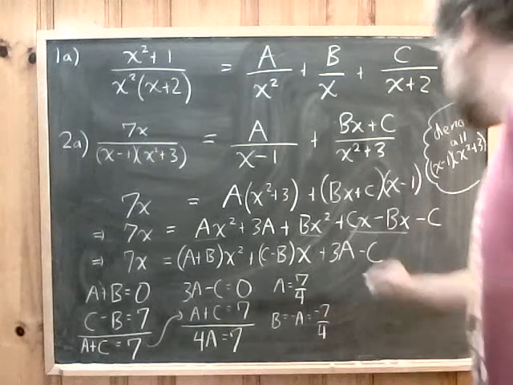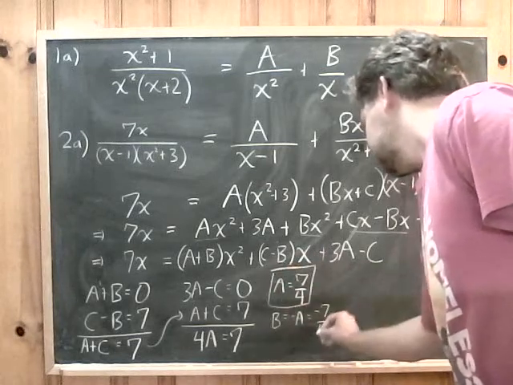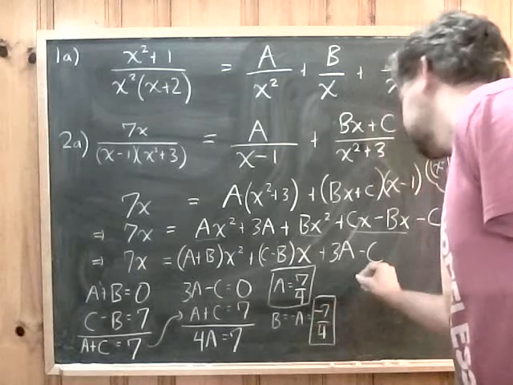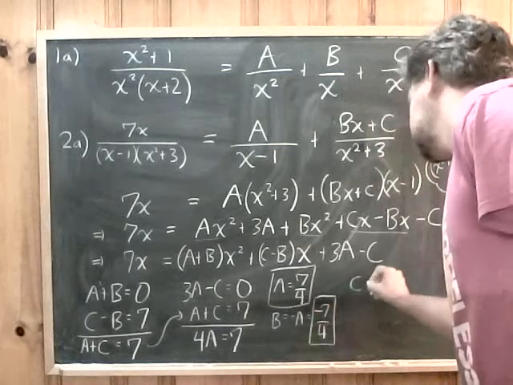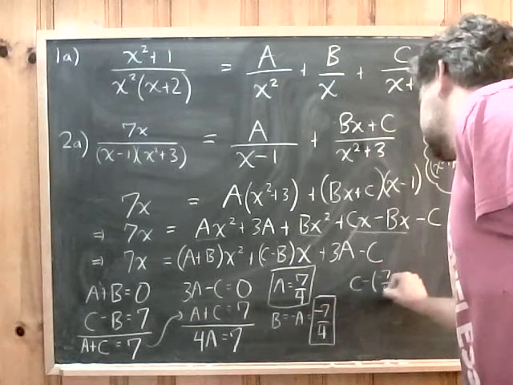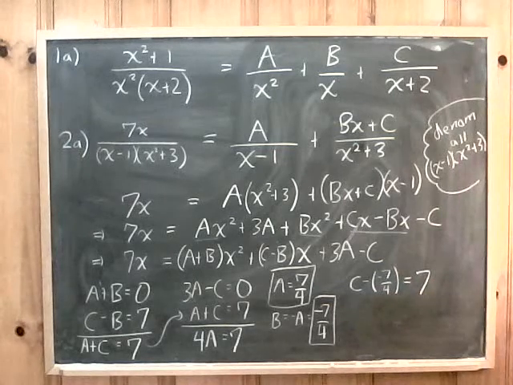So I'll write, let's see what I've got so far. 7/4. Negative 7/4 for b, and I have c minus negative 7/4 equals 7. So I have c plus 7/4 equals 7.